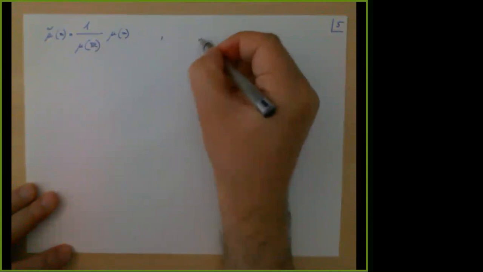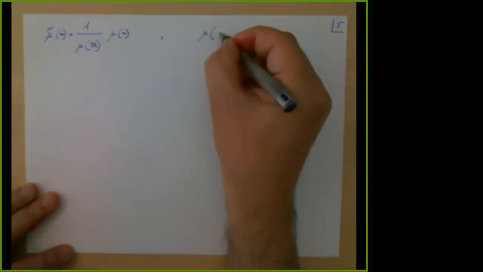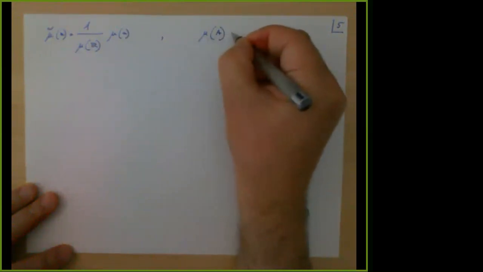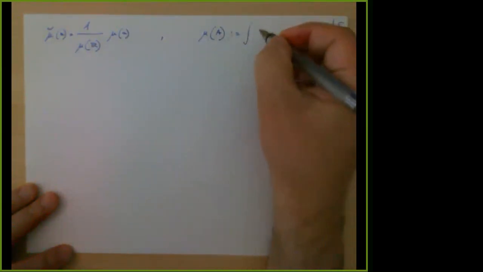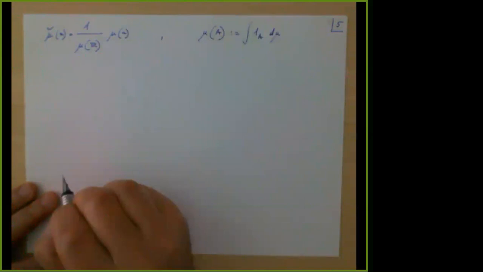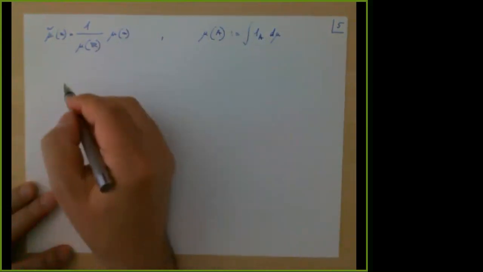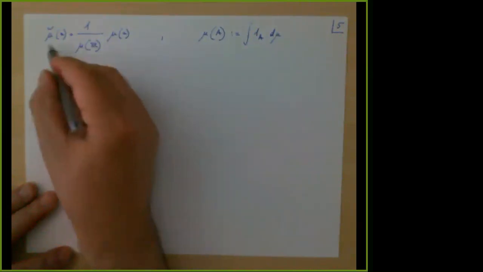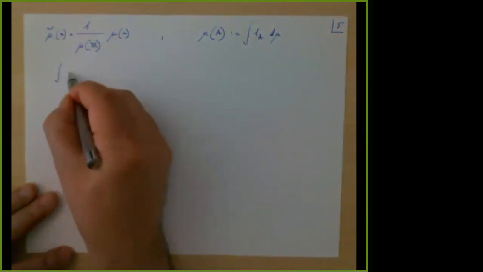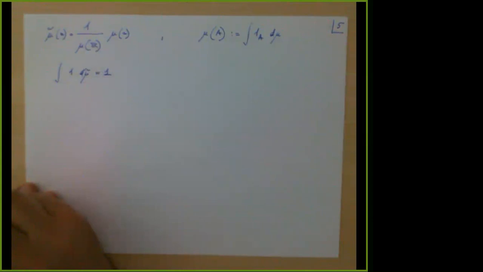Remember that whenever we write mu of A, this means just the integral of the indicator function of A, d mu. If we do this, then clearly the integral of 1 d mu tilde is in fact equal to 1, so there is no problem with that.